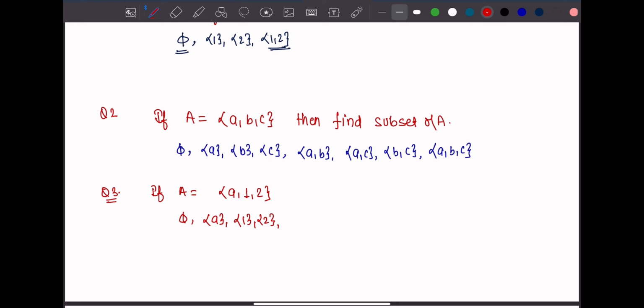Then we choose two elements, so I'll get {a, 1}, {1, 2} and {2, a}. And lastly we choose all three elements, which means we get {a, 1, 2}. So these are the subsets of set A.